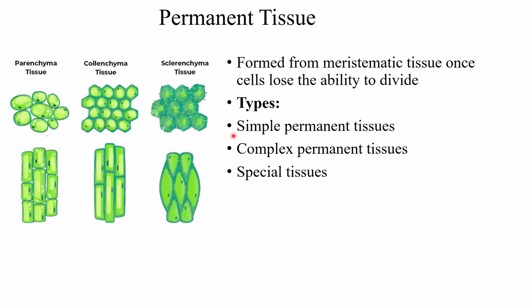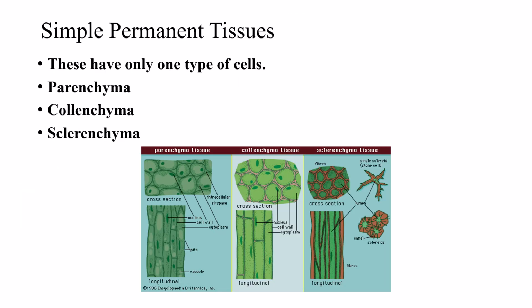Now let us discuss the types of permanent tissue. Permanent tissue has three types: simple permanent tissue, complex permanent tissue and special tissues. Here, parenchyma, collenchyma and sclerenchyma are simple permanent tissues. So now we'll discuss simple permanent tissue.